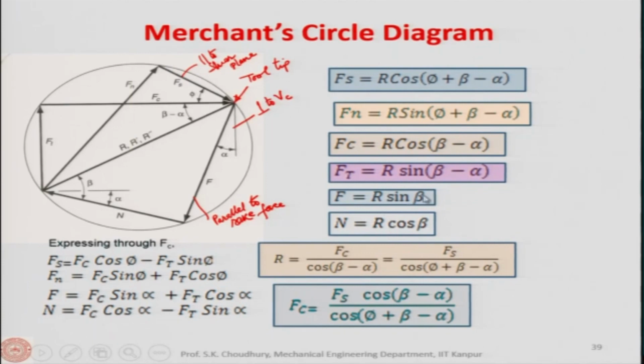This is because sin of beta you can write as beta minus alpha plus alpha. Then you open it up, put the values here, and you can find this. Finally, F is equal to Fc sin alpha plus Ft cos alpha. Similarly, the normal component will be opposite to that, that is Fc cos alpha minus Ft sin alpha.